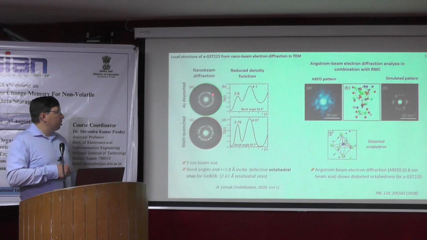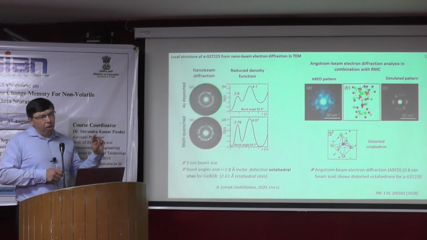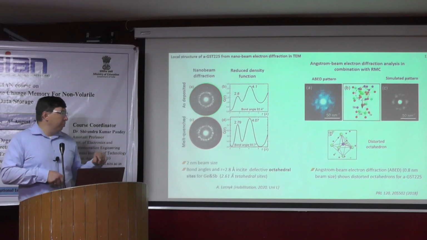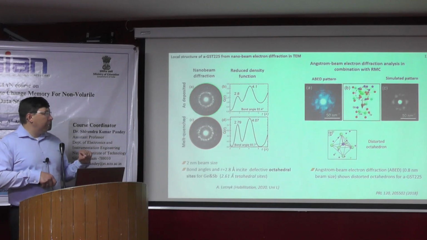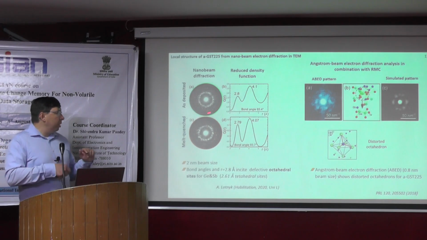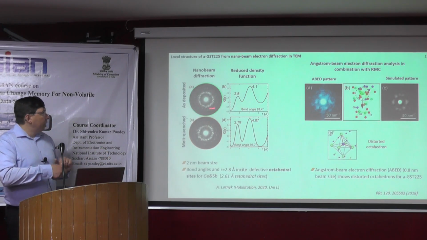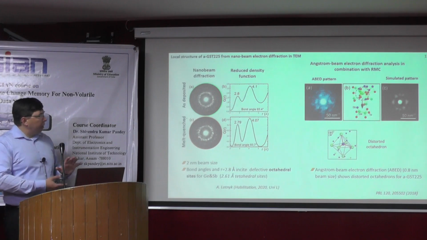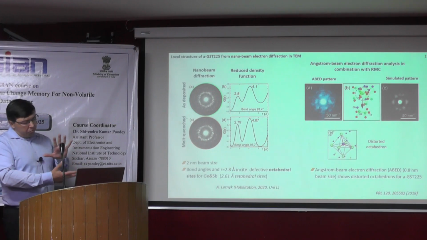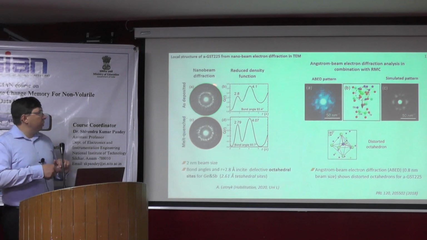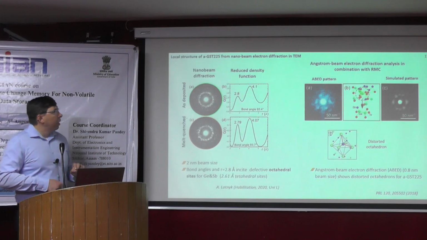This may be because in XRS they found that only 35% of the germanium can be seen at this tetrahedral site. So maybe it was not sensitive. The thickness of the illuminated sample was 50 nanometers, so maybe the signal from tetrahedral sites was too low.